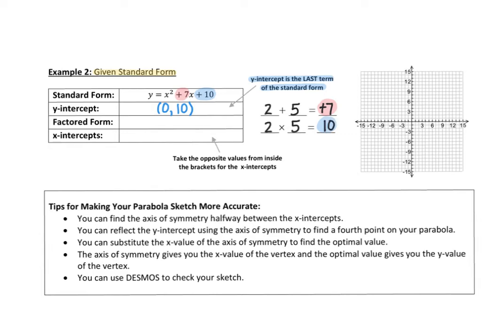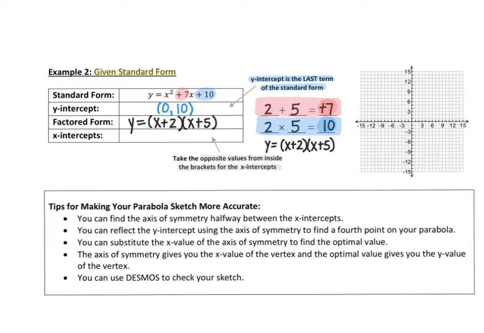2 and 5 will work. 2 plus 5 will give us 7, and 2 times 5 will give us 10. So our factored form will be y equals (x + 2) in the first set of brackets and (x + 5) in the second set of brackets. We know that to find our x-intercepts, we simply take the opposite values from inside of the brackets.